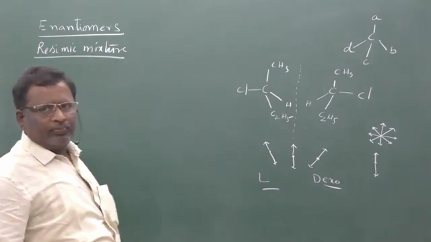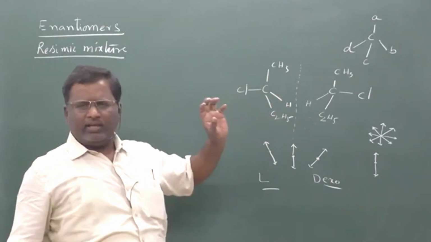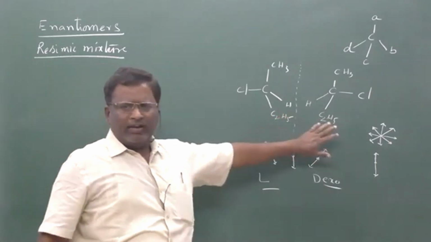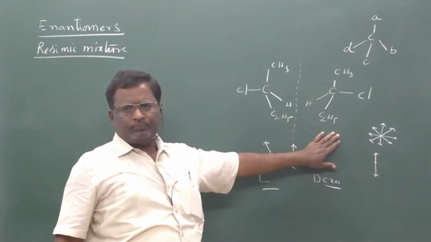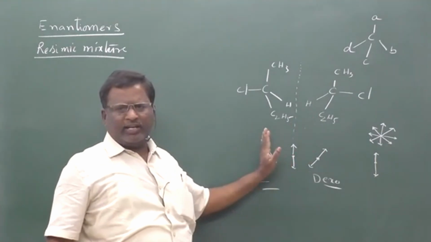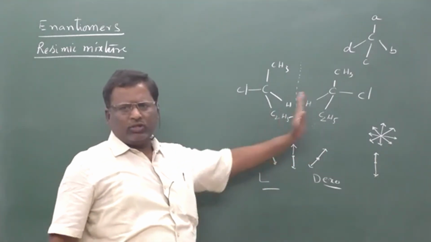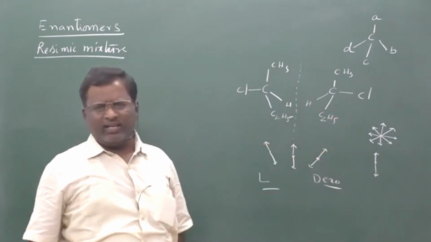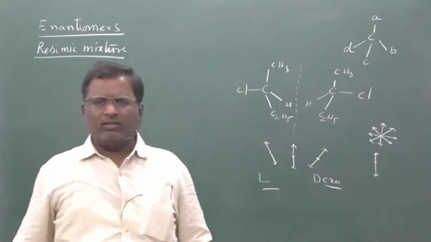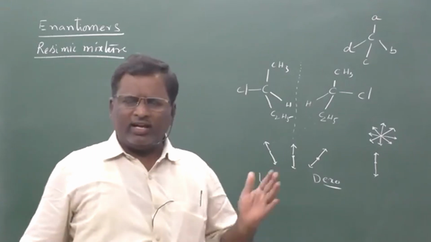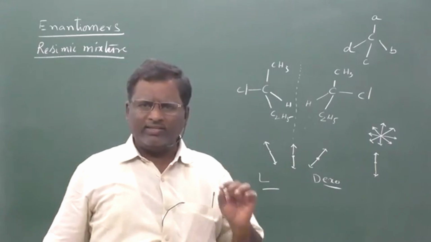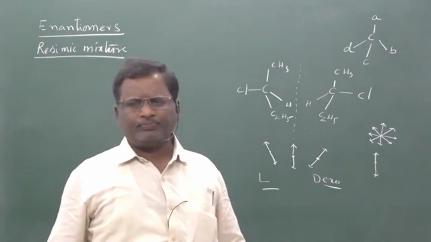Racemic mixture. If any substance is containing 50% of levoform and 50% of dextroform, the optical rotation created by this 50% is neutralized by that 50%, so that the resultant ray does not rotate either to the right side or the left side. Such a mixture is said to be racemic mixture.